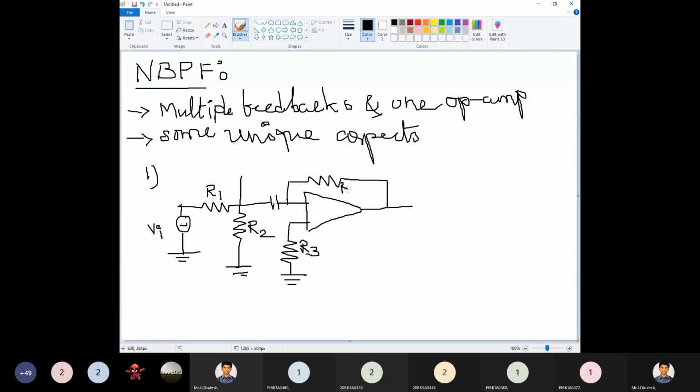This is the capacitor C2. This is the load resistance RL.